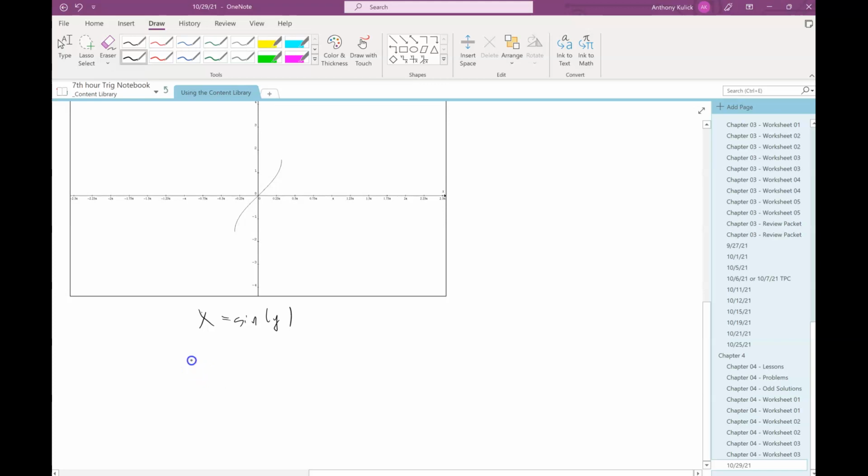And so here, on the x-axis, we're going between -1 and +1, and the y-axis is going from -π/2 to +π/2, right? If we switched the x and y coordinates to create this inverse, the domain and range would flip as well. Okay?